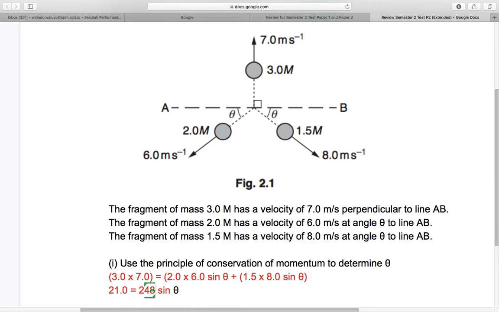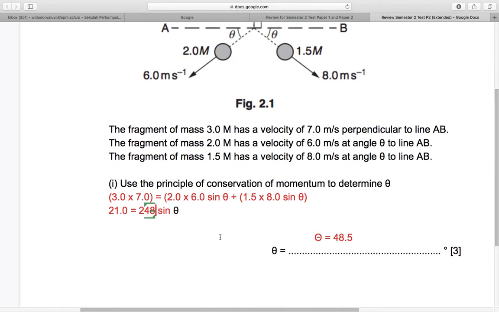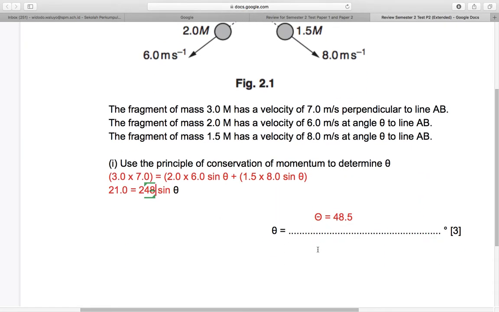Yes, this is 24 actually. We get theta around 48.5 degrees, as sine theta is 21 divided by 24. Okay.